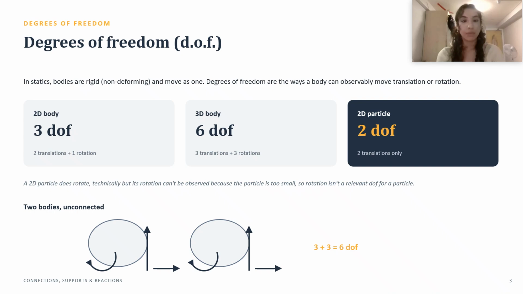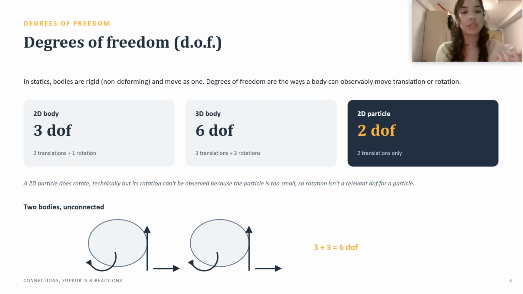Let me use something that could help more, maybe my phone. It's not the best example as it looks more 2D, but you could rotate it like this, like this, and like this. You see how many rotations you could do? That is 3 rotations. So for a 3D body, you have 6 degrees of freedom.